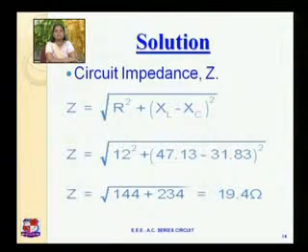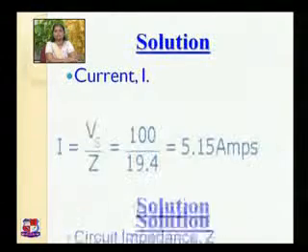So value of Z is equal to under root of 12 square, which is our resistance, plus 47.13, which is our XL, minus 31.83, which is our XC whole square. So your final equation will be Z is equal to under root of 144 plus 234, and your answer is 19.4 ohm, which is our impedance for a RLC series circuit.